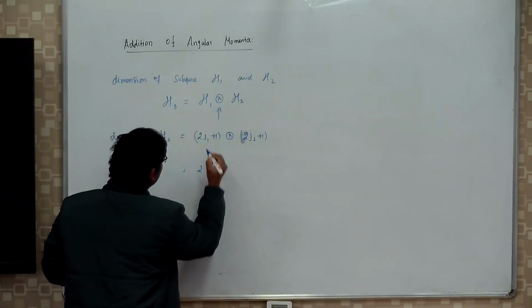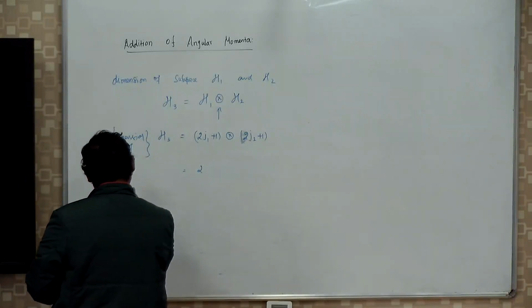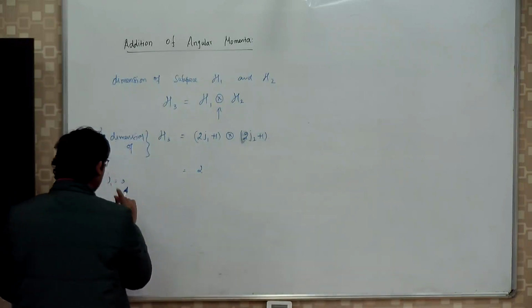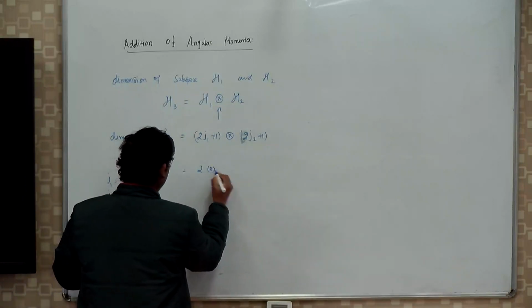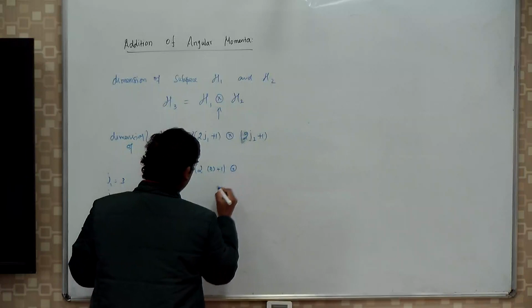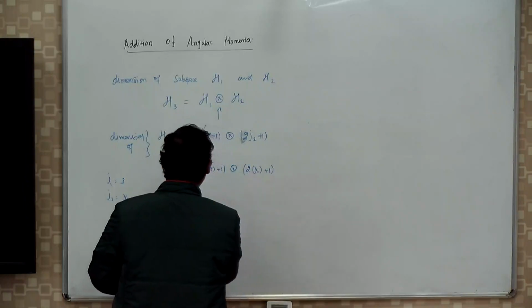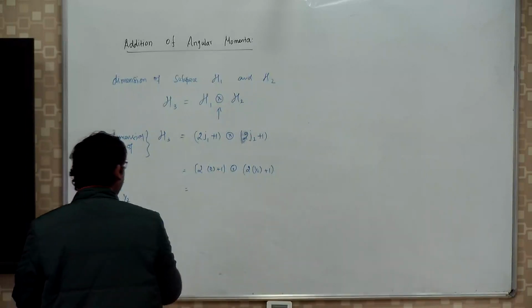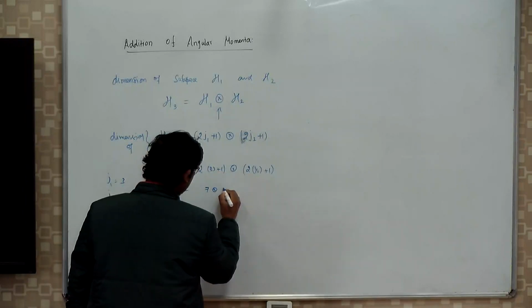If we take J1 as 3 and J2 as 1 by 2, then 2 times 3 plus 1 is 7, and 2 times 1 by 2 plus 1 is 2.